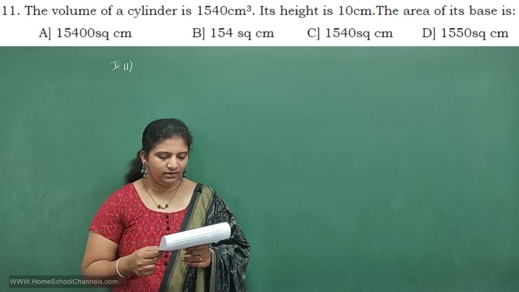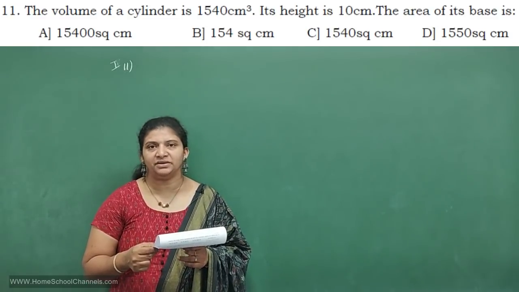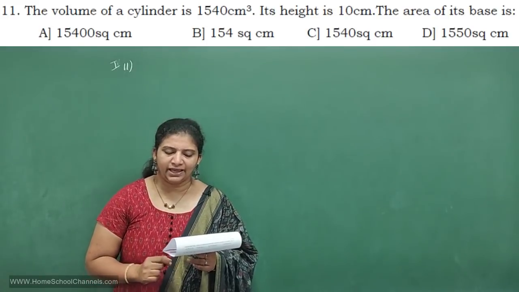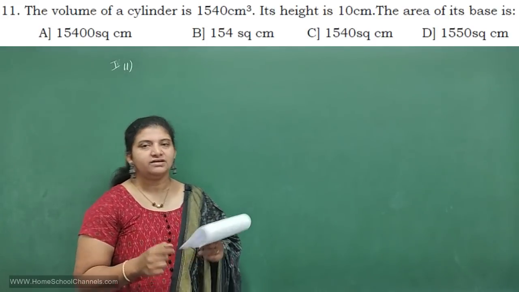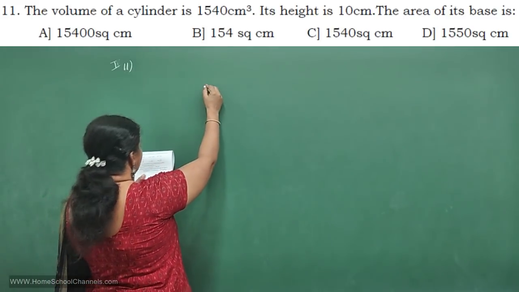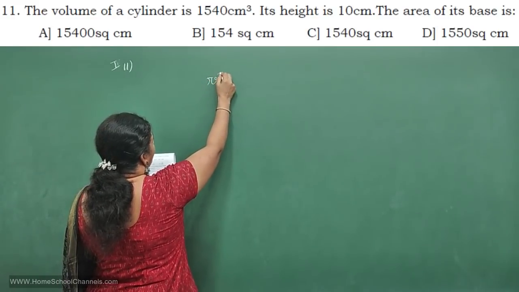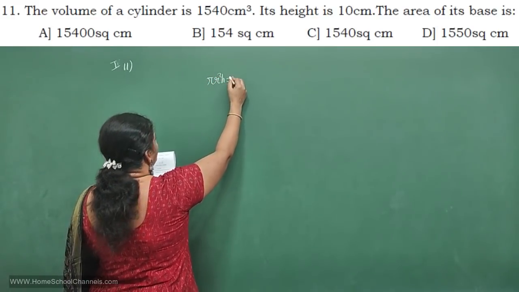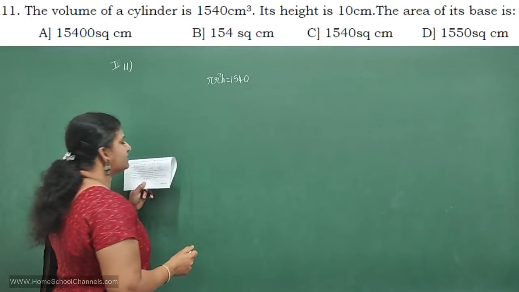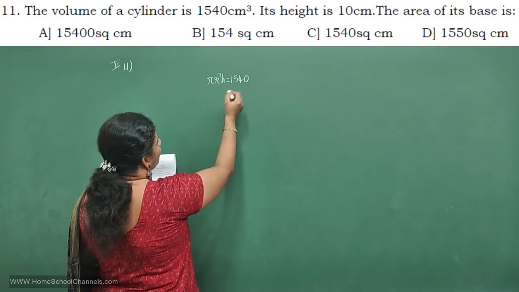11th one. The volume of a cylinder is 1540 cubic centimeters. Its height is 10 centimeters. The area of its base is. See the options and let me write what is given here. Volume of a cylinder formula pi r square h is equal to 1540, and its height is 10 centimeters.